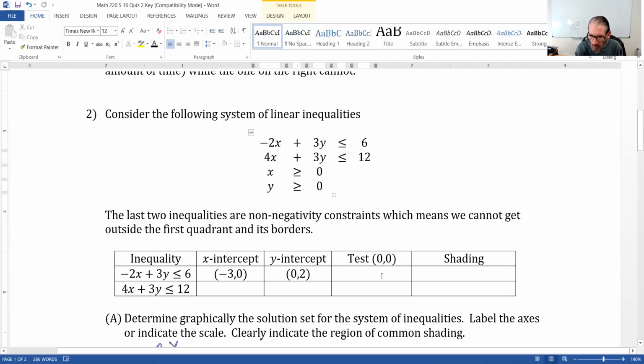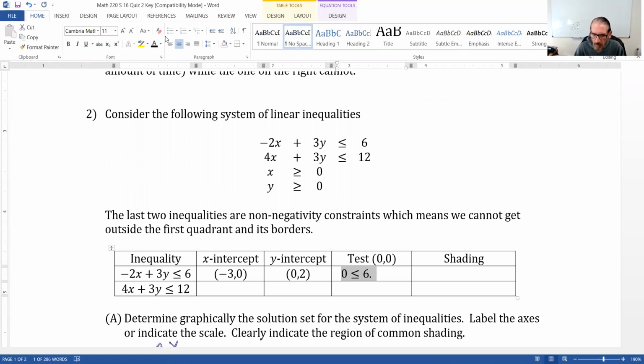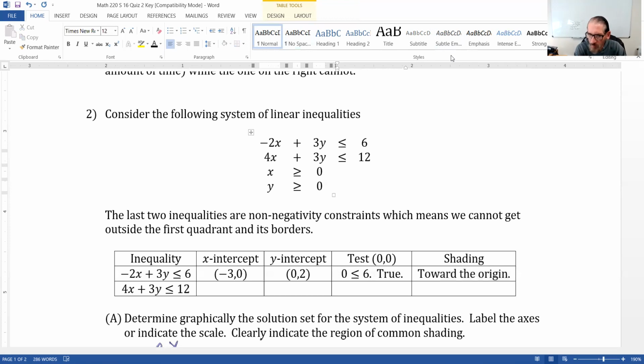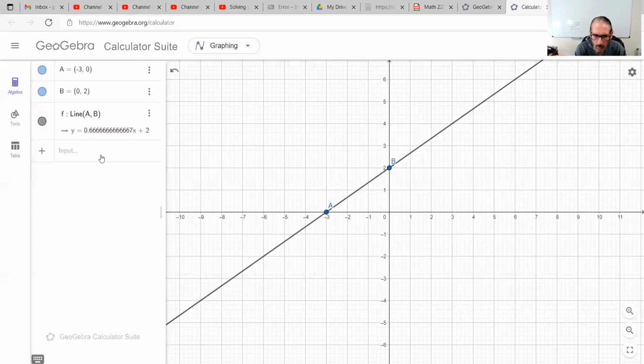And 0, 0, the origin, was not on that line. So if we put in 0, 0, the left-hand side is going to be 0. And we ask, is that less than or equal to 6? And it is. So we shade toward that point.